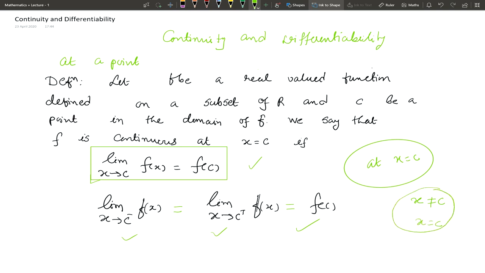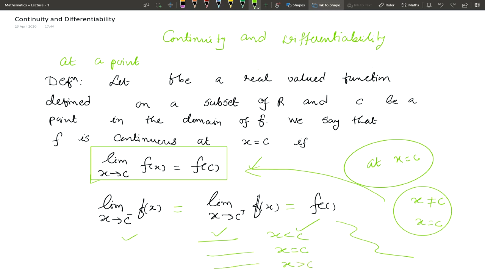But sometimes if function is defined in three parts, x less than c some value will be given, x equal to c some value will be given, and function will be given for x greater than c. If in these three parts function is defined, then we check this condition for the continuity of the function at x equal to c.